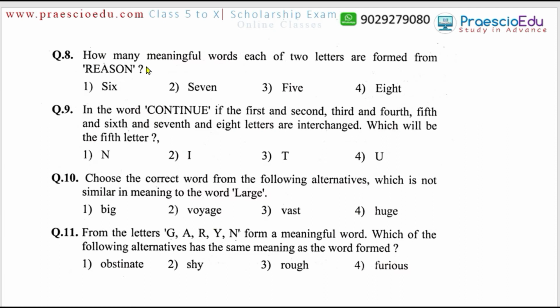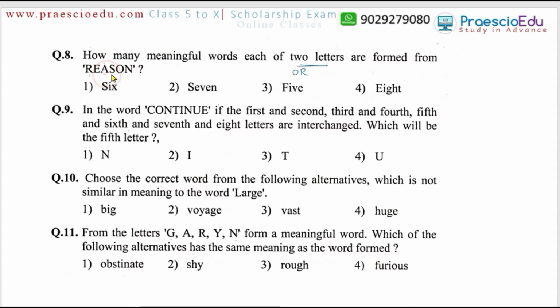Then question number 8. How many meaningful words, each of two letters, are formed from the word REASON? Okay, so we have to count the two-letter words. We have to check the possibilities. R with E not possible, R with A not possible, R with S or with O, OR is possible. Then R with N not possible.